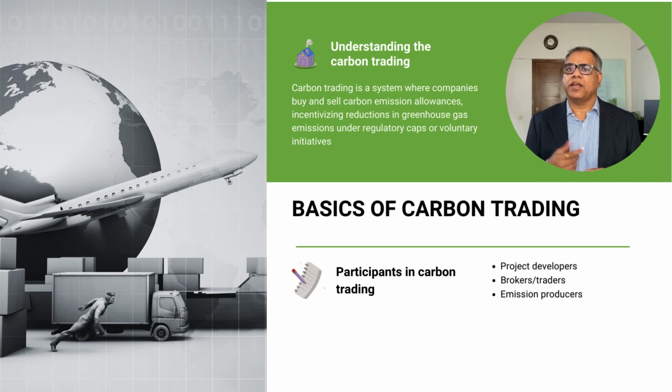It can be a methane recovery project. Emission reduction is originated by the project developer, and once he prepares his report, another entity is the project verifier, known as the designated operating entity, DOE. The verifier's role is to check whether these carbon credits are authentic or not.